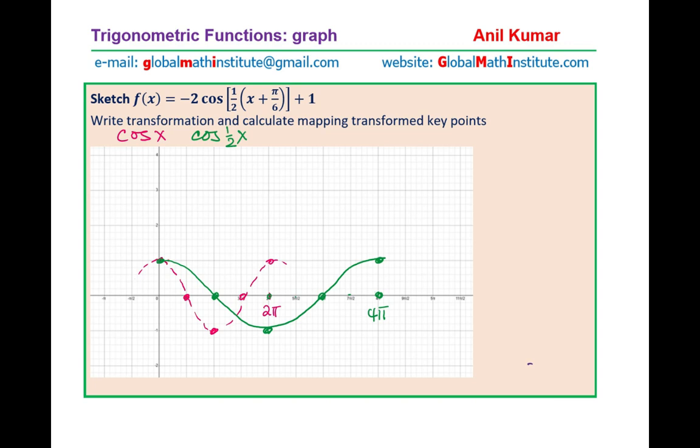You understand, right? Perfect. Now we can do minus 2. So let me write down minus 2 cos of half x. Makes sense? So minus 2 means multiply everything by minus 2 vertically, it is getting reflected, and this point comes here, right? So that is our minus 2. Makes sense? But 0 will remain at 0.